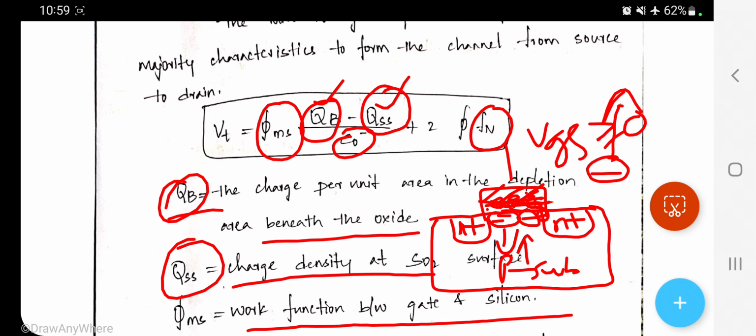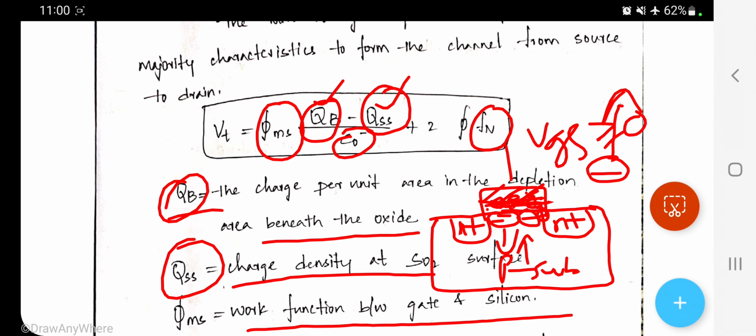Again when we want to switch on the transistor, these electrons already trapped at the interface of the silicon dioxide and the gate, or the silicon dioxide and P substrate interface, will be there inside the silicon dioxide also. So those electrons also try to repel the electrons which are coming towards the channel.